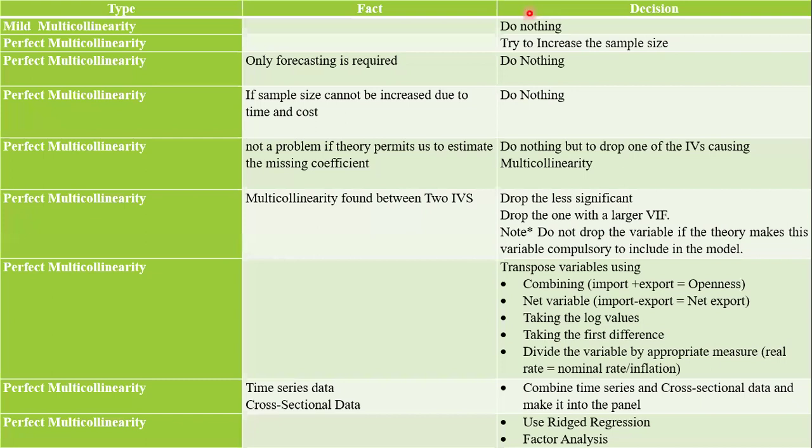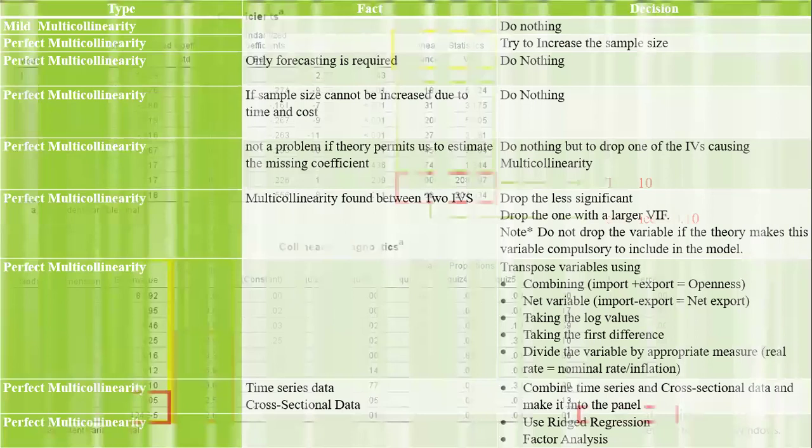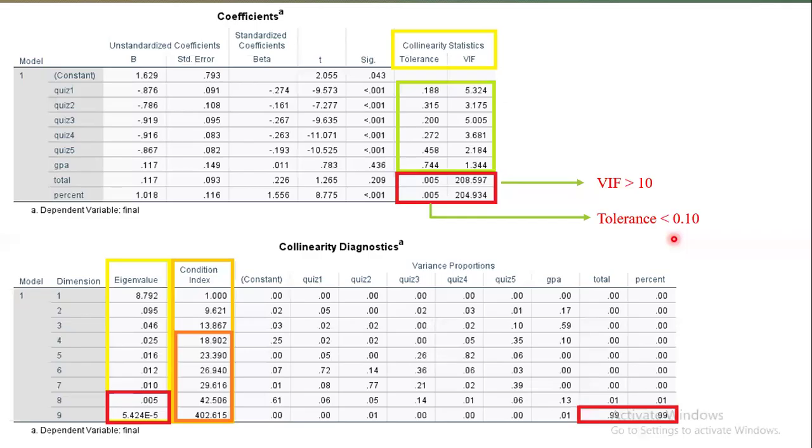Next is perfect multicollinearity. How do you find perfect multicollinearity? The criteria is VIF greater than 10 and tolerance level less than 0.10. So whenever you find VIF greater than 10 and tolerance level less than 0.10, it is perfect multicollinearity.